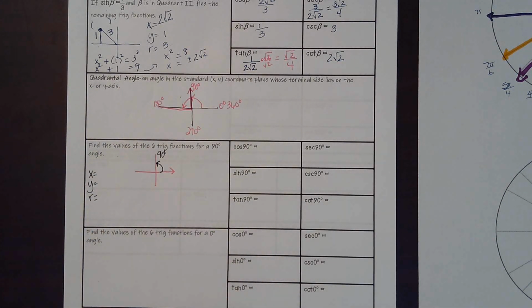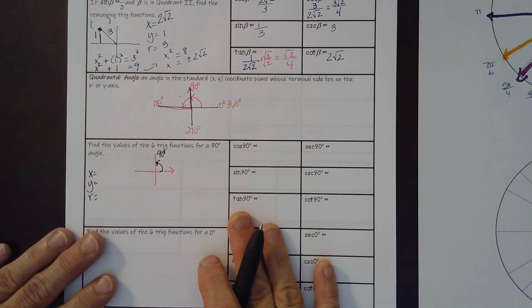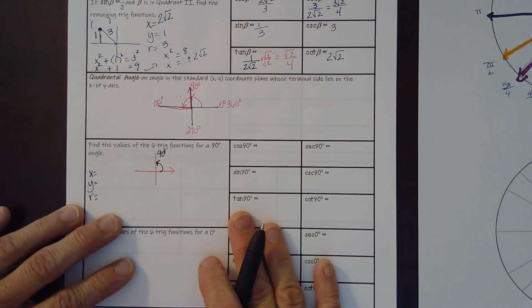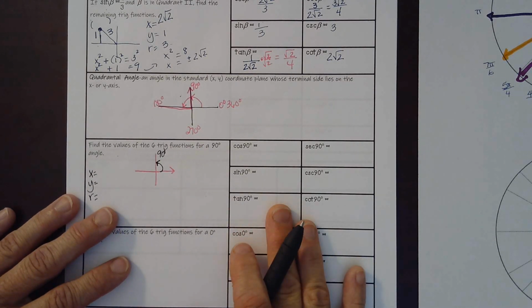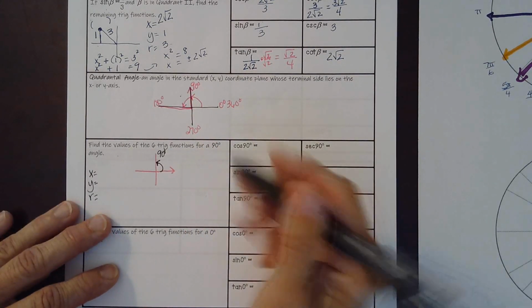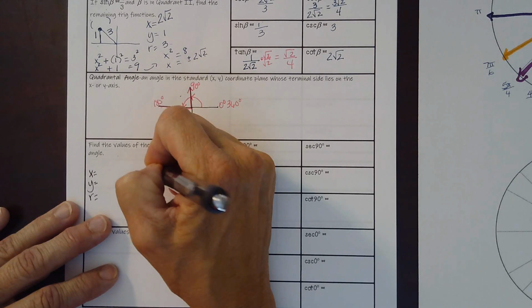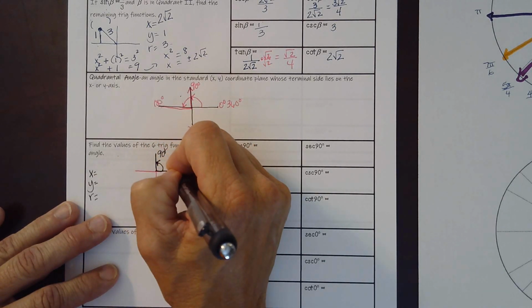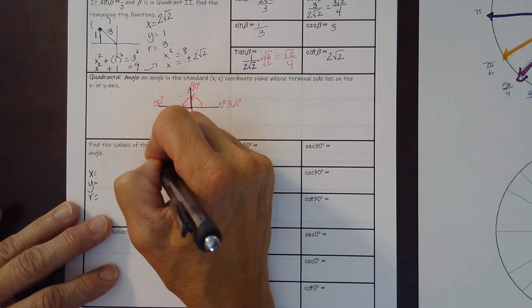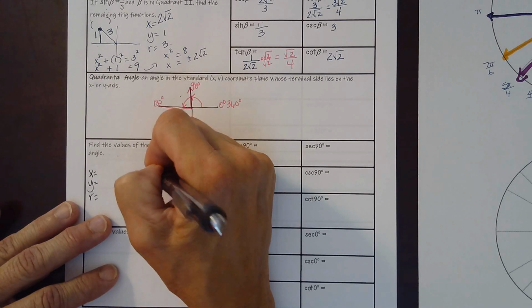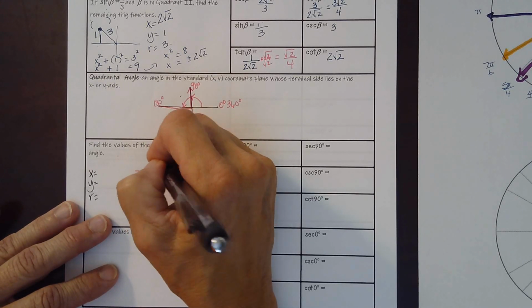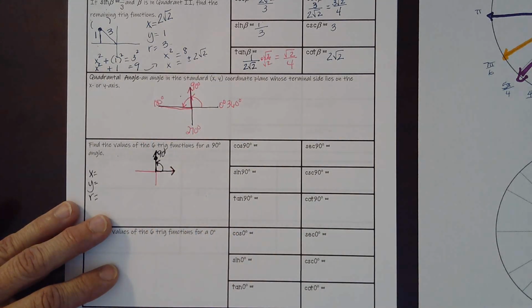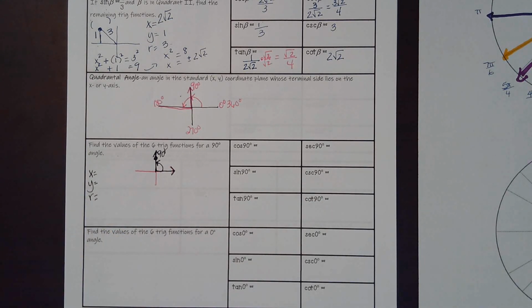So the way we approached this in the previous examples is we typically said, okay, the terminal side of an angle passes through a particular point. Well, this time we know the angle measure is 90. What we need to do is determine a point for the terminal side to go through. Okay, so we get to choose.